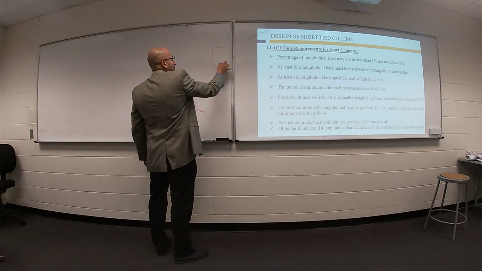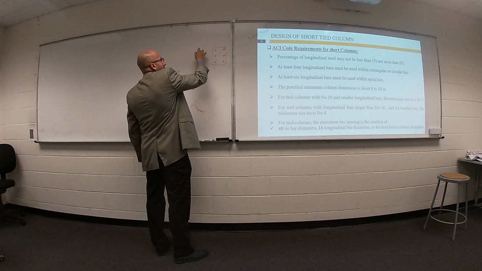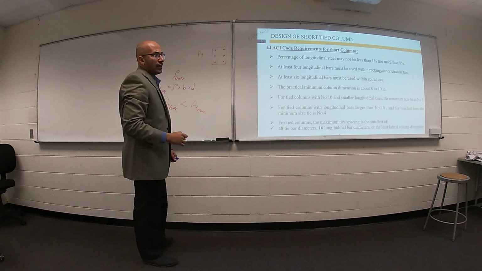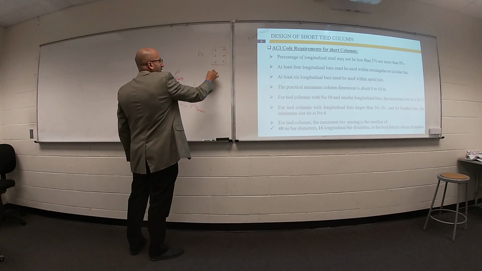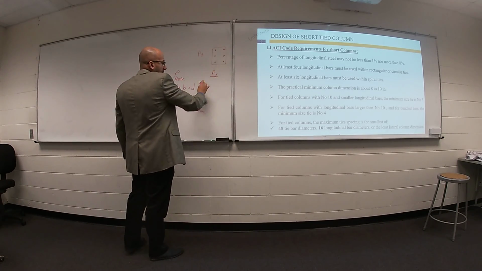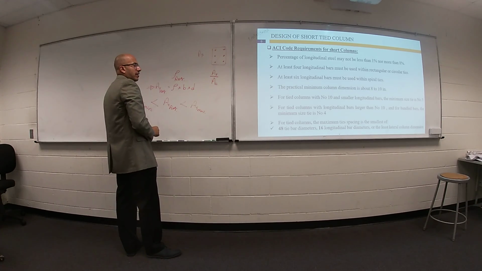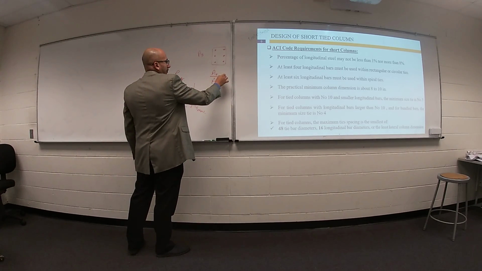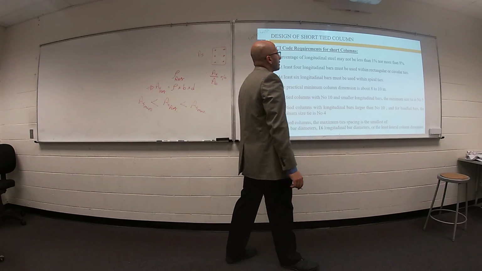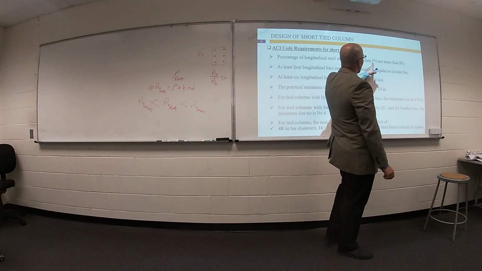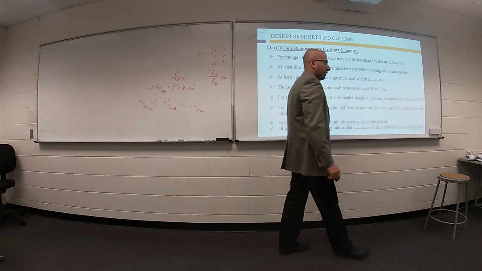The same here. Your column has steel reinforcement with area of steel. If you divide your area of steel by the area of concrete, you can get a percent. This percent must be more than 1% and smaller than 8%.